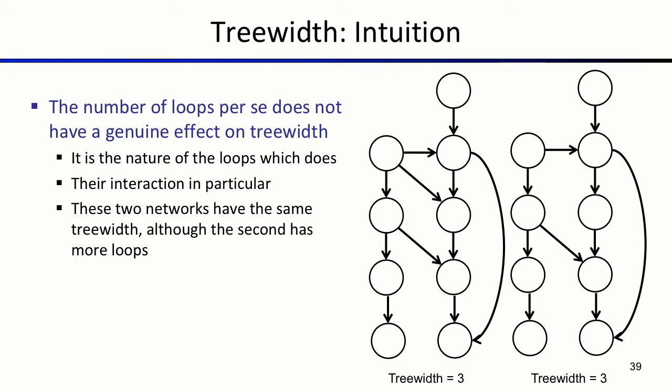Both of them have the same tree width, that is 3, but the one on the left, the first one, sorry, there is a typo here. The first one has more loops than the second one. So it's not just the number of loops, but also the nature of the loops and how they interact with the remaining nodes and edges in the network.